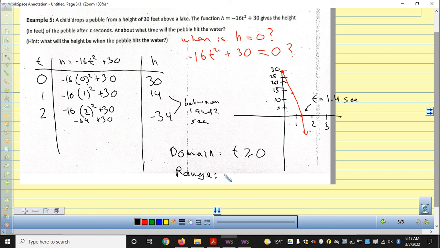And where do we end? 0. So our range is y, or I guess I could say h, between 0 and 30. That would be our range, from 0 to 30. I guess we could talk about as the pebble sunk into the water, but the problem doesn't really say anything about what happens after it hits the water. Yes? What is the difference? T greater than or equal to 0.